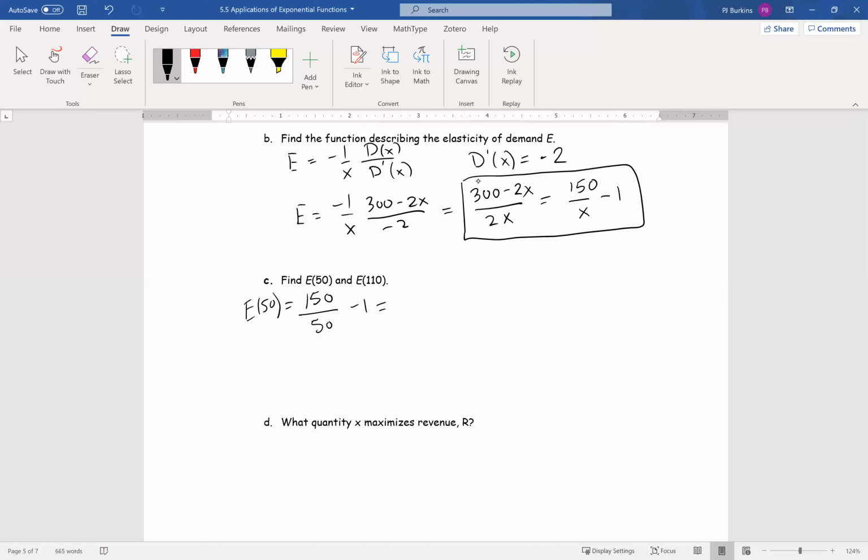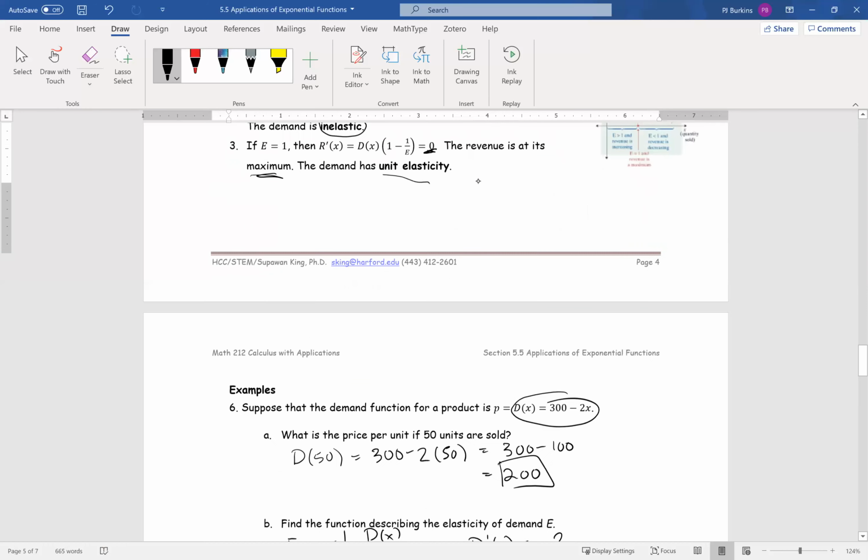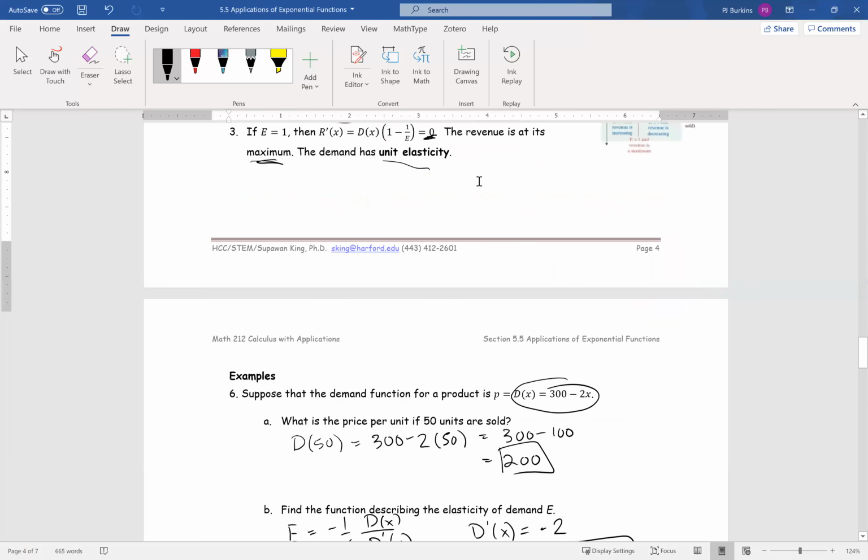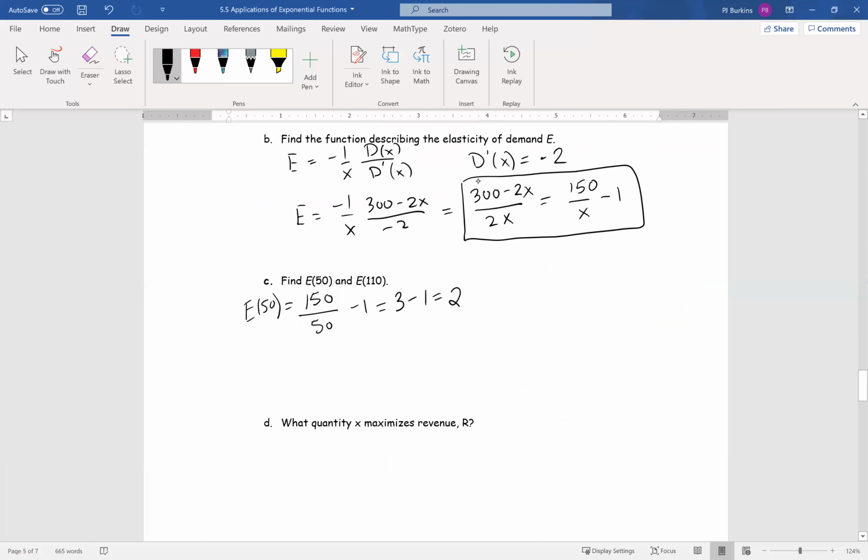And that's just going to be 3 minus 1, or 2. And so someone might say, well, what kind of elasticity is that? So if we scroll back up here for a second, the elasticity greater than 1 is elastic. Right, so this number is greater than 1. So this is elastic.